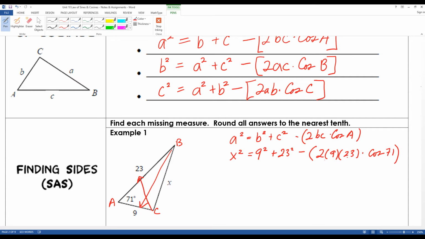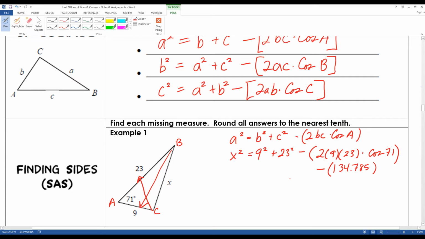So I'm going to do cosine of 71 first, 0.333. Just leave that on my calculator, times 23 times 9 times 2, and I get 134.785 for now. I know we're rounding to the nearest tenth, but in the end, we'll round to the nearest tenth.